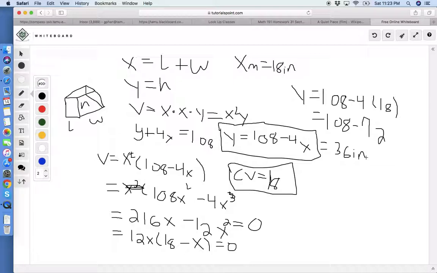Alright. So this is our y. This is the maximum value y can be, 36 inches. So y max equals 36.